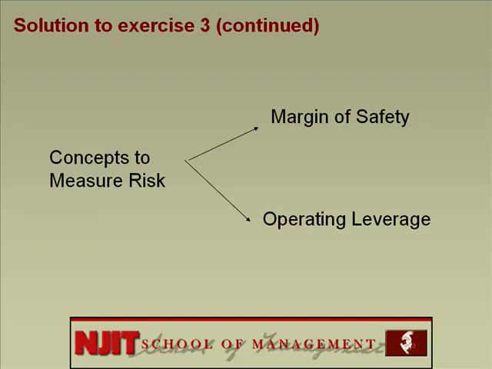One is margin of safety. The other is operating leverage. They're both used, but to be honest, operating leverage is used more often than margin of safety. But if you read the Wall Street Journal or you read Business Week, you'll see these concepts, margin of safety and operating leverage. You'll see it talked about.